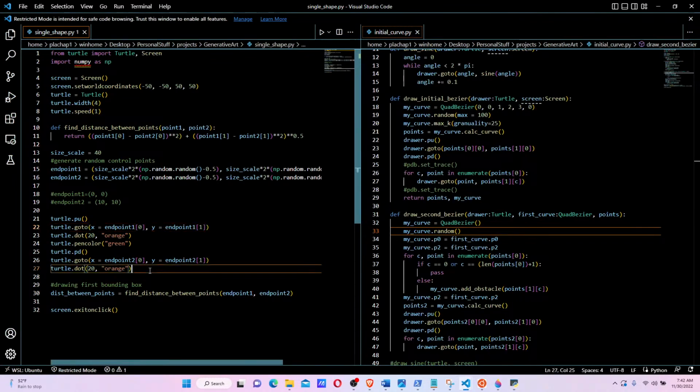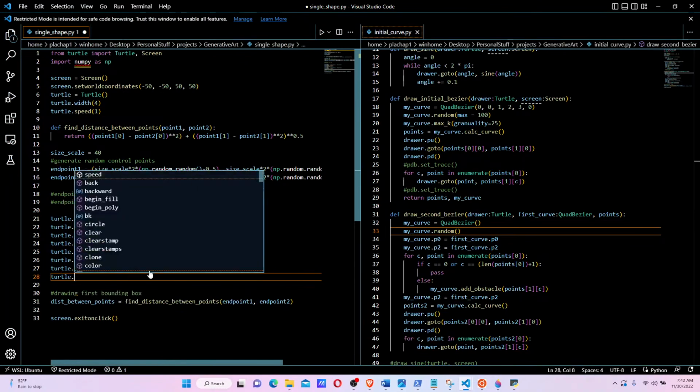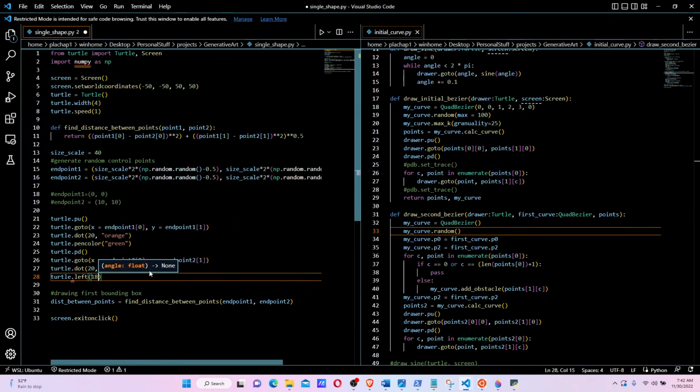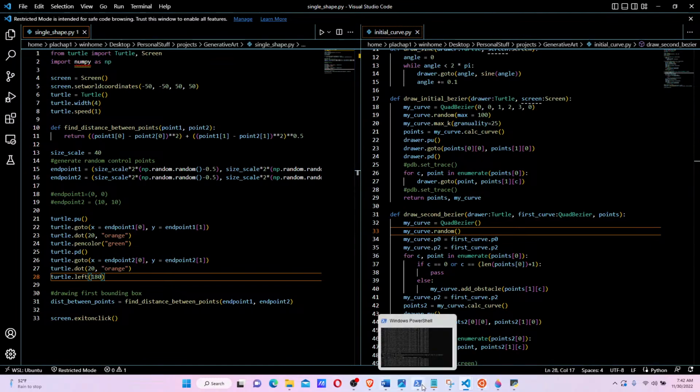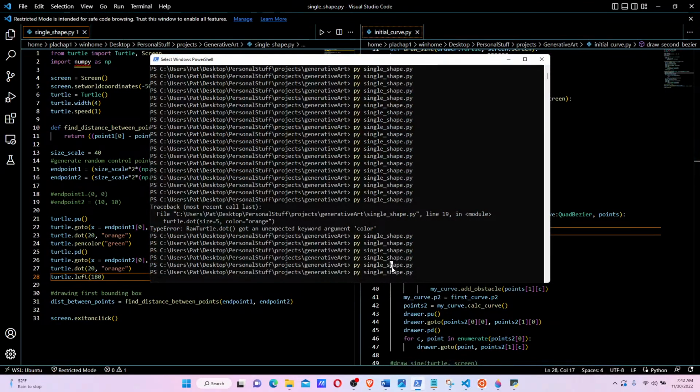Okay, so then I could do turtle dot left 180 to tell it to make a 180-degree turn. Now let's see if it does it.